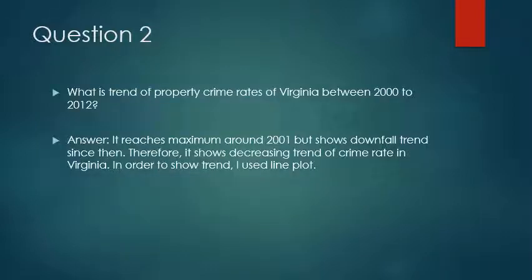And here's question number two. What is the trend of property crime rate of Virginia between 2002 to 2012? And the answer is it reached a maximum around 2001, but shows a downfall trend since then.